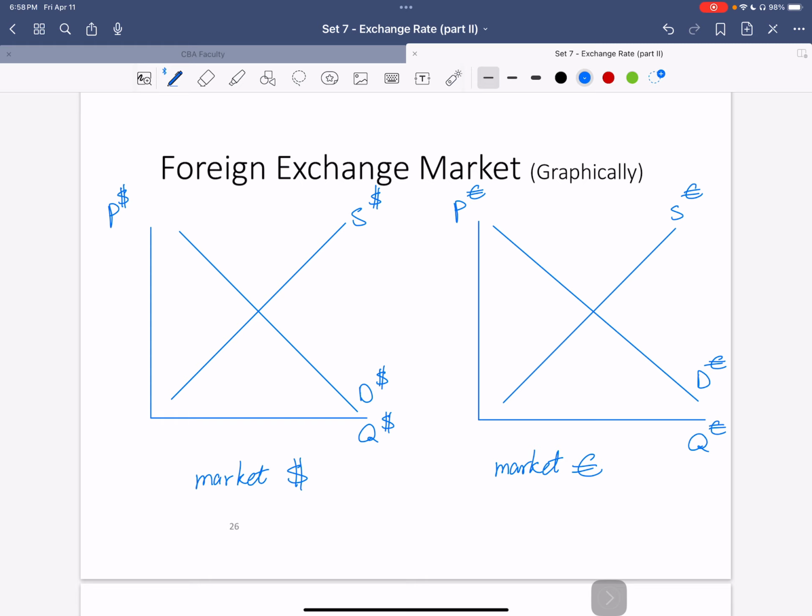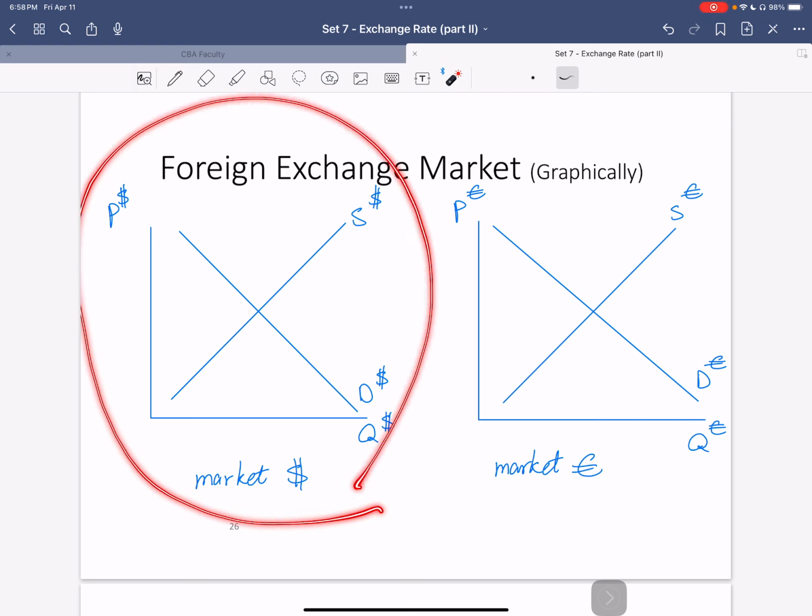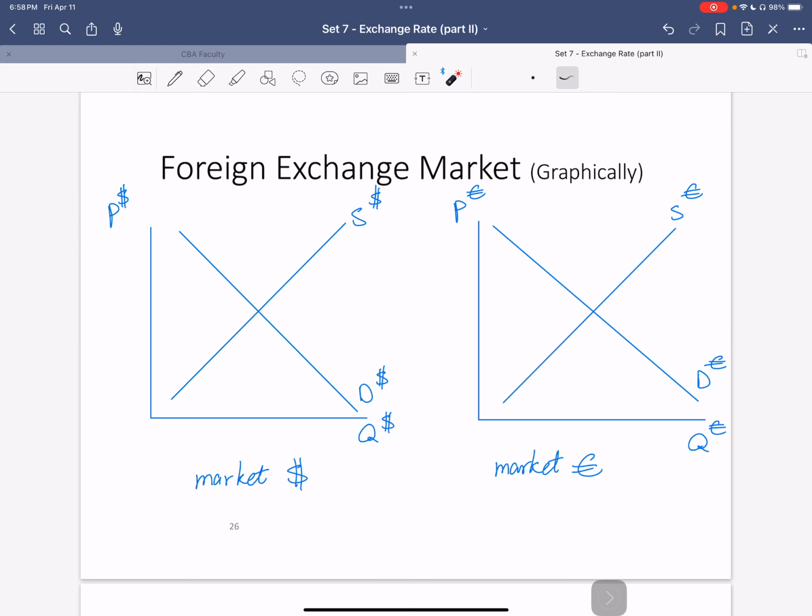So when we are talking about the foreign exchange market, for example, comparing the dollar and euro, we're going to have market for both of them next to each other. If I ask you any questions, what is happening in either of these currency markets, I expect you to draw the graph for both of them and explain what is happening in those markets together.